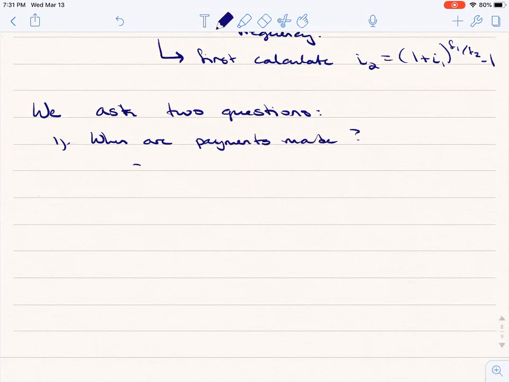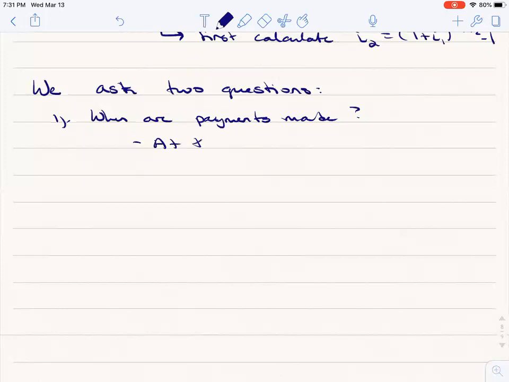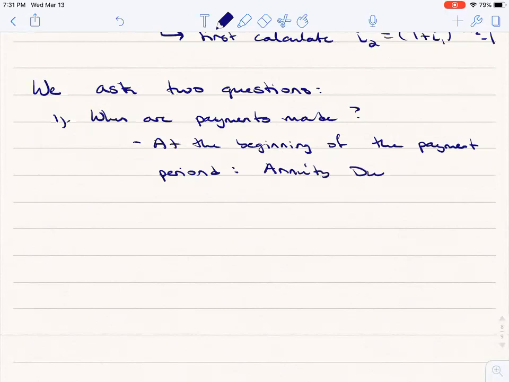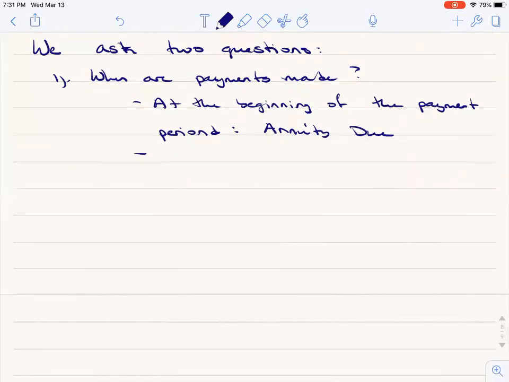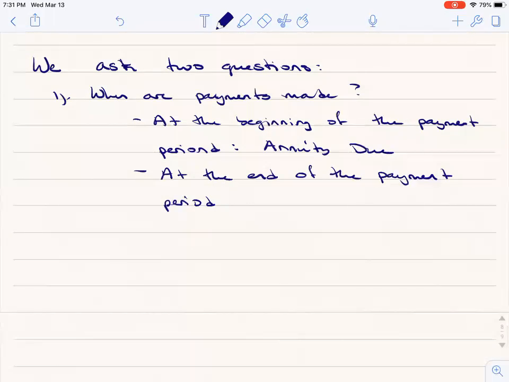If the answer is at the beginning of the payment period, we have an annuity due. If it's at the end of the payment period, we have an ordinary annuity.